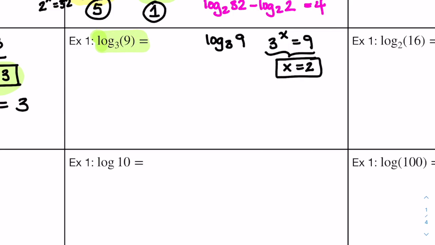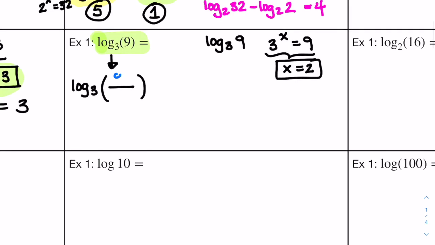That's the second power. Okay, but I want to break this up, so we're going to turn it into division. So let's think, what could we divide and get 9? I could do 81 and 9.